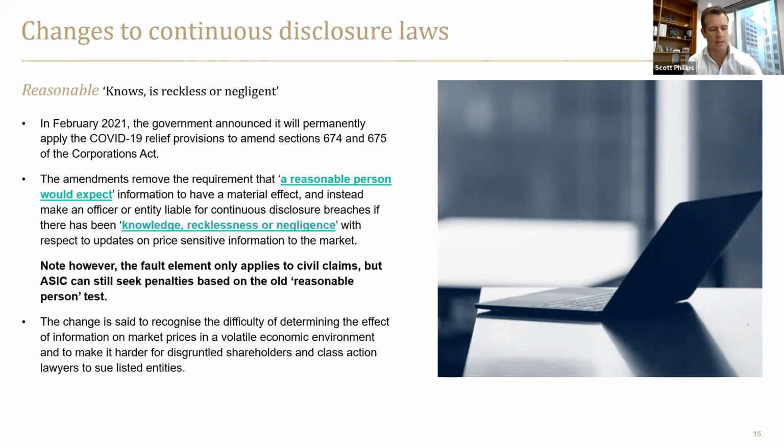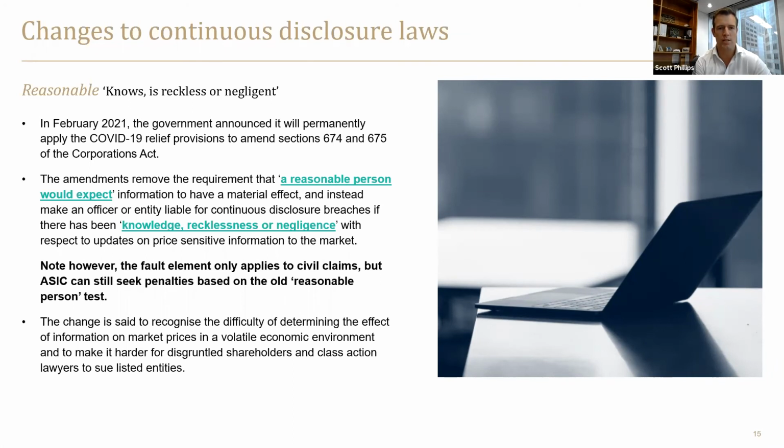So if you recall back to the discussion at the start where we were reviewing what the continuous disclosure test is, it's around becoming aware. So once you're aware of information, and then if that information is objectively information that a reasonable person would consider would have a material effect on price, then you need to disclose it.